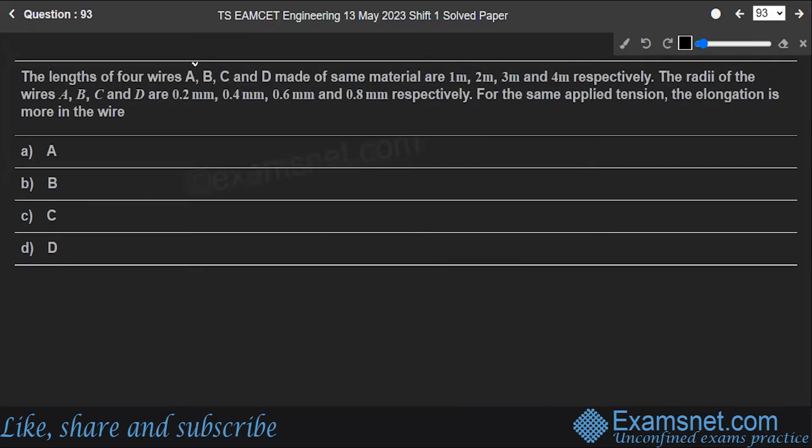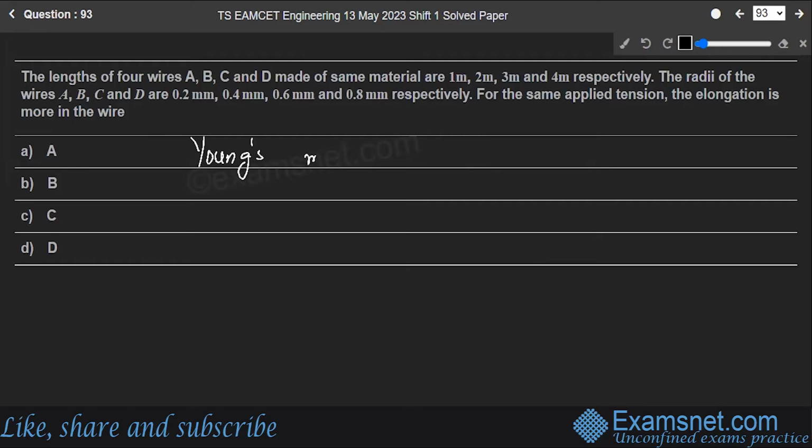The lengths of 4 wires A, B, C, D made up of the same material are 1 meter, 2, 3, and 4 meters respectively. The radii of the wires A, B, C, D are this much respectively. For the same applied tension, the elongation is more in which wire? Okay, I'll be using Young's modulus of elasticity.